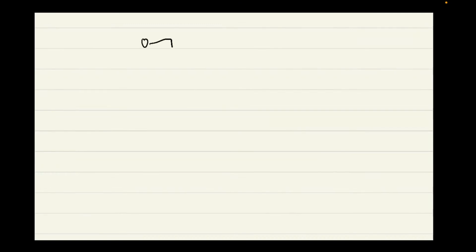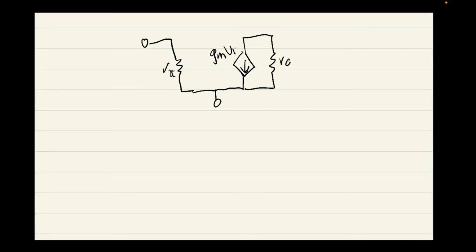So if I drew this, no, that's collector, isn't it? There we are. No worries. This one is collector and this is emitter. So this is your hybrid pi model.